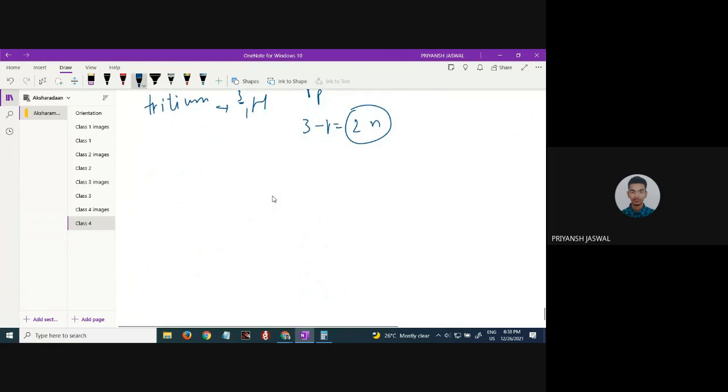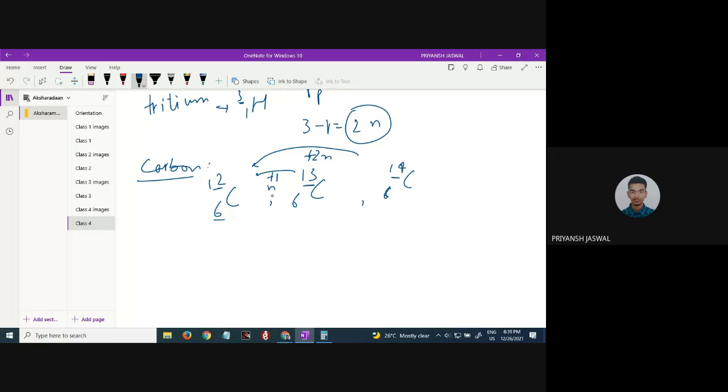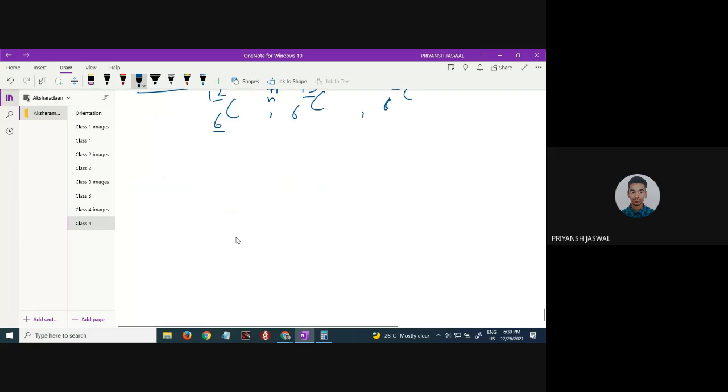There are other examples also. For carbon, we have 6C12, that is 6 protons and 6 neutrons, giving a mass of 12. There is also 6C13 and 6C14. This one has one additional neutron and this one has two additional neutrons as compared to the 6C12. These are isotopes of carbon.